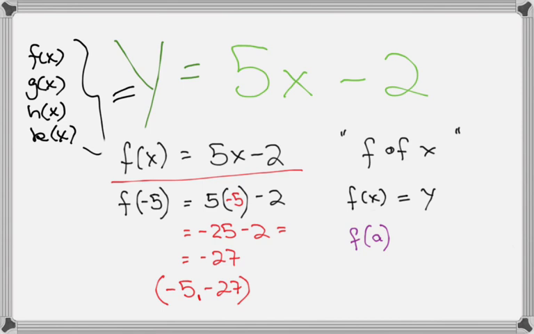F of a. Now my x became what? A. So what do I write? You replace the x with a. What do you have? 5a minus 2. Nothing else you can do to it.